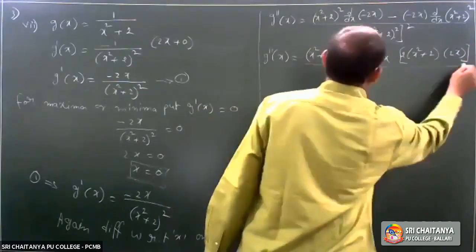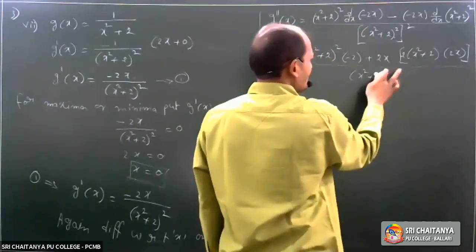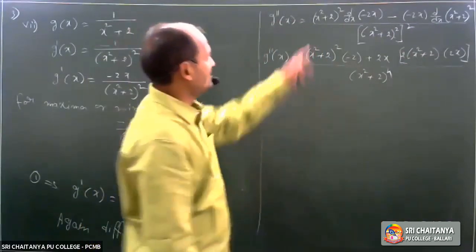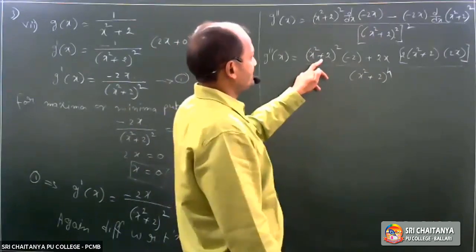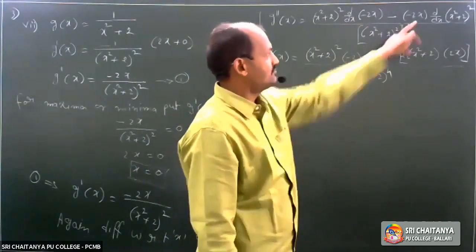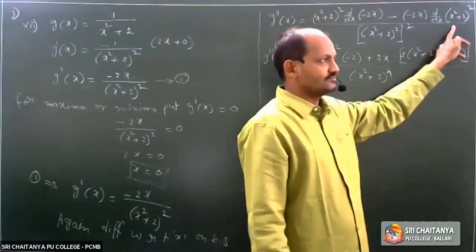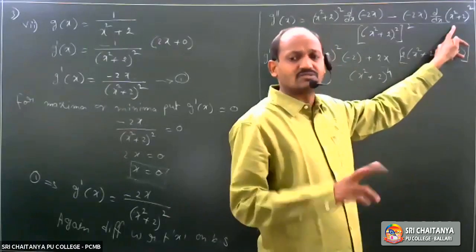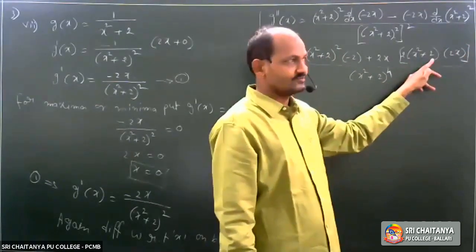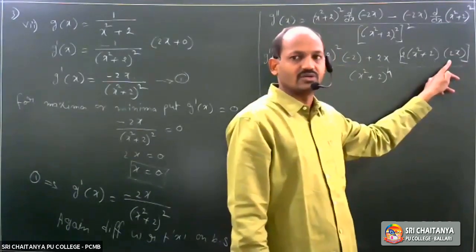All divided by (x square plus 2) whole square whole square, that means power of 4. The derivative of minus 2x is minus 2, and minus of minus 2x is plus 2x.